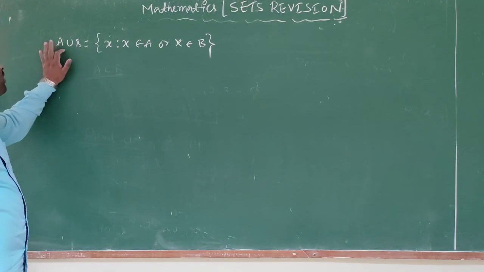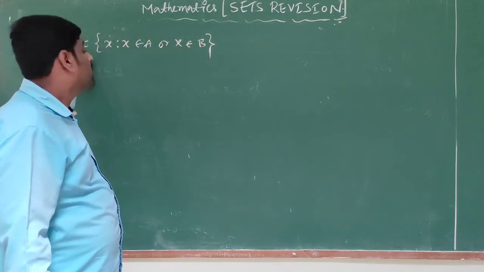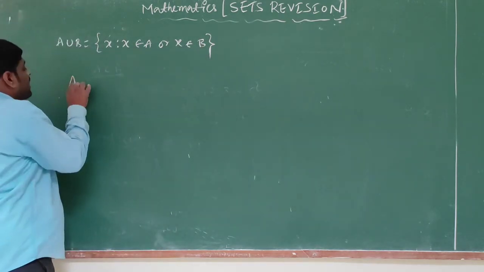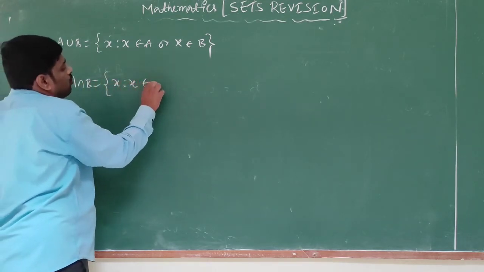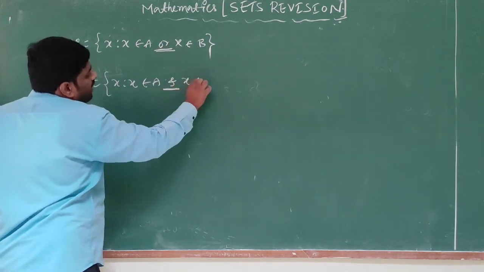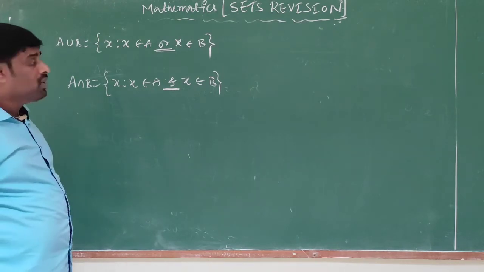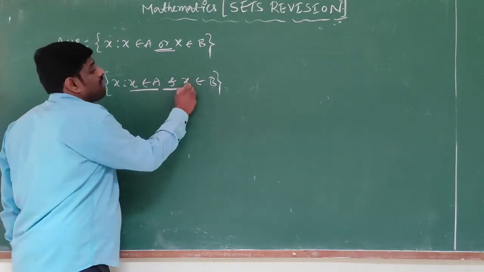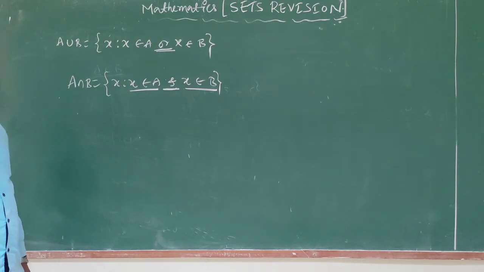The set of all those elements which belong to either A or B is called A union B. A intersection B means the set of x such that x belongs to A and x belongs to B. That means the set of all those elements which belong to both A and B is called the intersection of two sets.